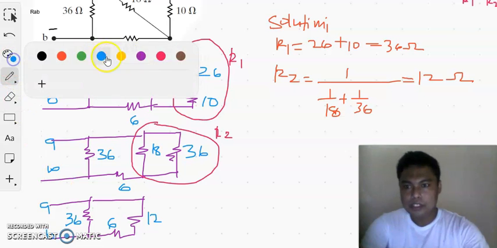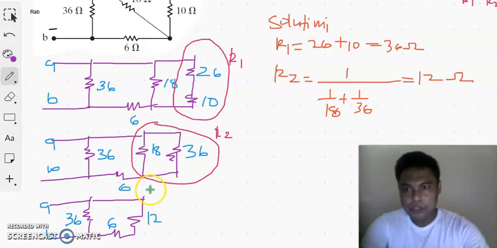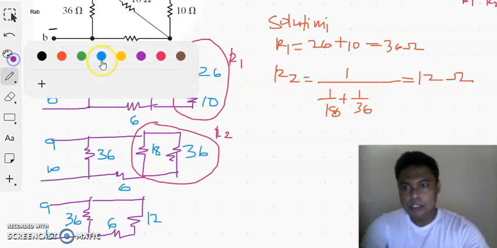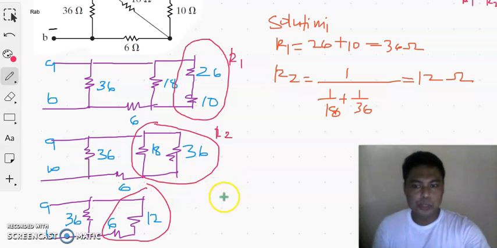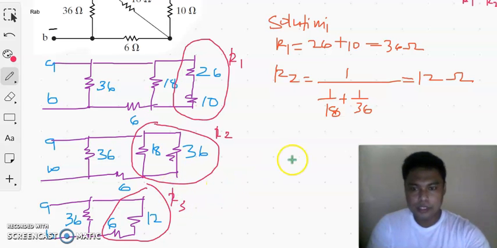Okay. Have you observed on this figure again? The two resistors are connected again in series. So we can have it R3.